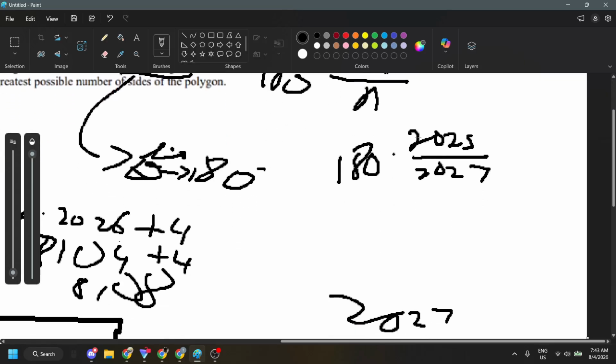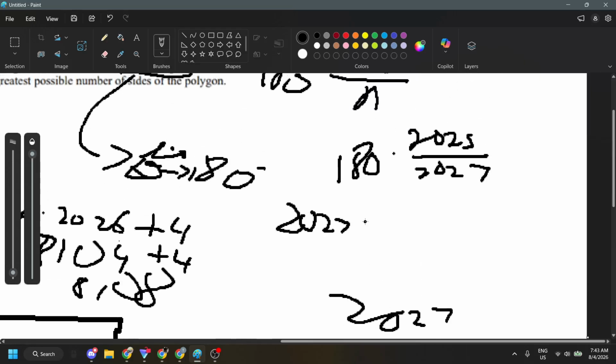So now what we're saying is we need 2027 times obtuse plus acute to be equal to 180 times 2025 over 2027.